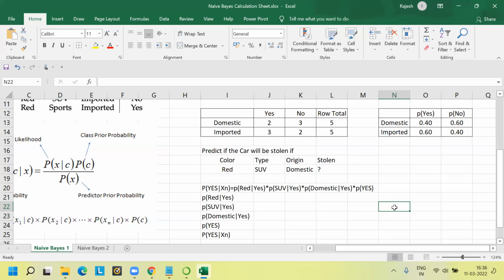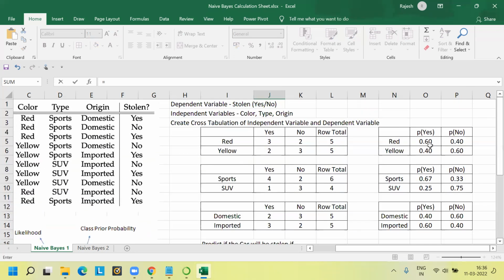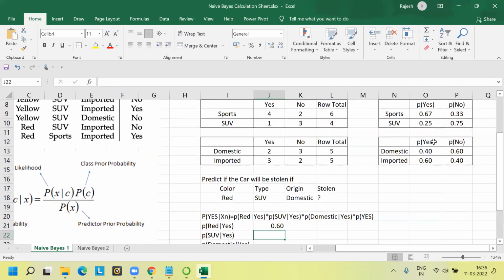All right, all of you have written the formula. In the above tables, we already calculated the probability of red given yes is 0.60.